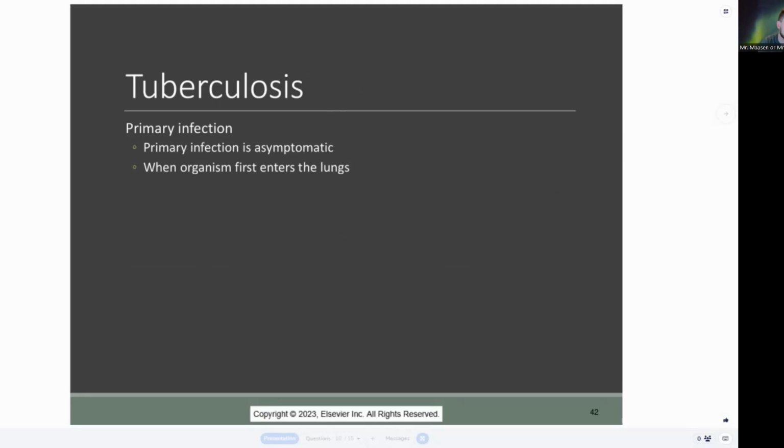The primary infection initiates the response from our immune system. The cell-mediated immune system is really the one, because our neutrophils and non-specific immunity have trouble fighting this one. So it kicks into our specific immune response. And because it does that, it causes a lot of clusters of dead cells because the phagocytes just can't get the job done.